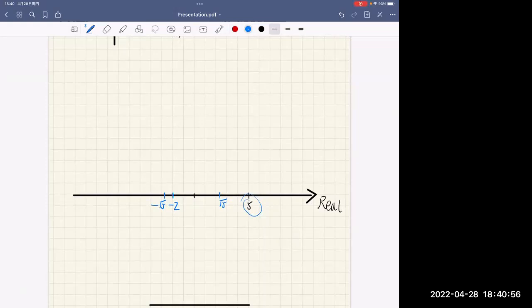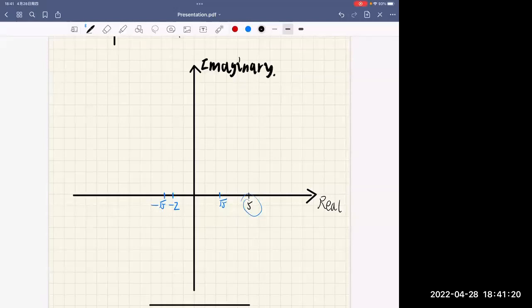We are now going to have an extra dimension, which is going to be our imaginary numbers.